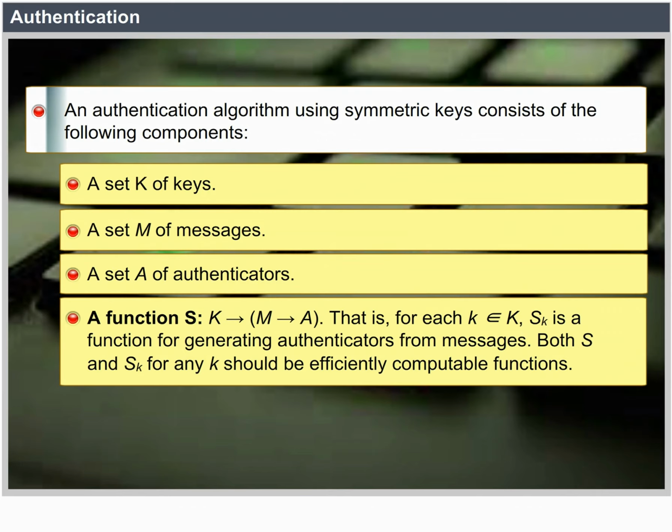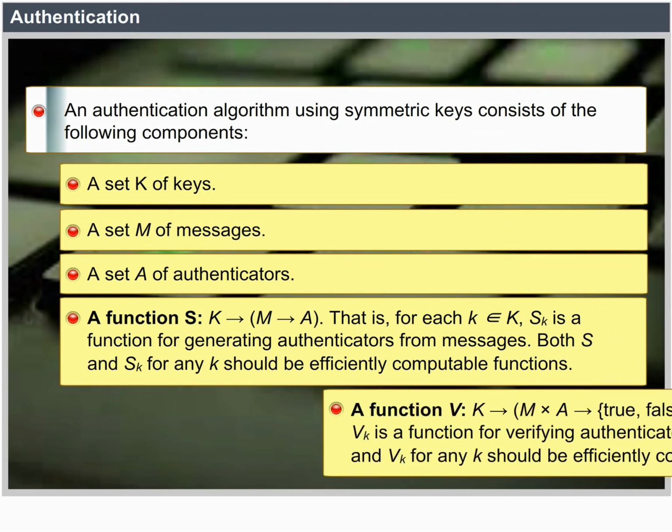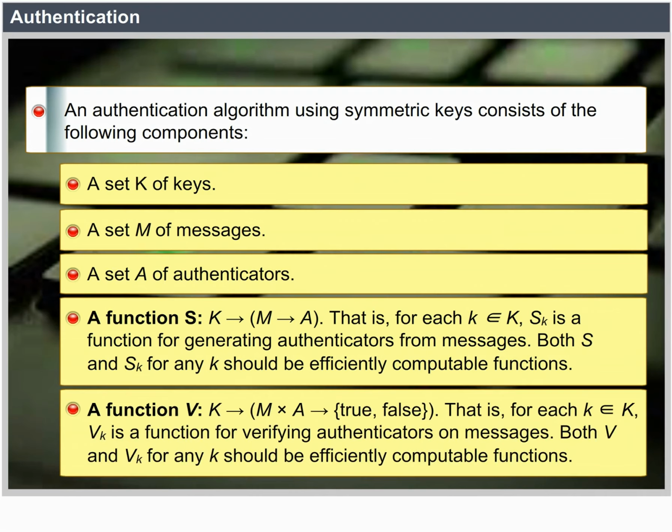Both S and S_k for any k should be efficiently computable functions. A function V: K → (M × A → {true, false}), that is, for each k ∈ K, V_k is a function for verifying authenticators on messages. Both V and V_k for any k should be efficiently computable functions.